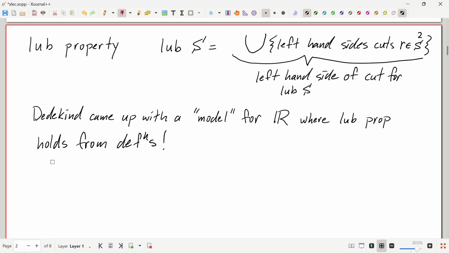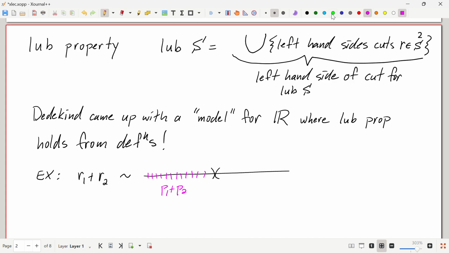As for example, he would have to define addition. So we'd have cuts, R1 and R2. R1 plus R2 would correspond to, the left-hand side would be all the P1s plus P2s. And first you have to show that you take a P1 plus P2 and you take a Q1 plus Q2.